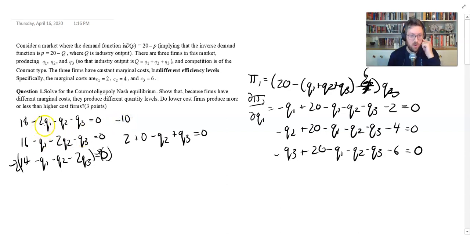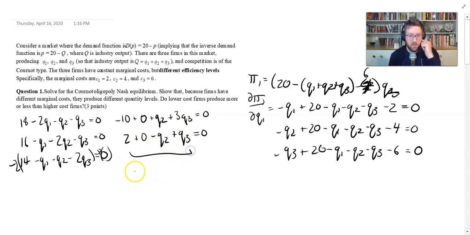Negative 2 Q1 plus 2 Q1 is 0. So we've eliminated the Q1 terms. Negative Q2 plus 2 Q2 is plus Q2. And negative Q3 plus 4 Q3 is plus 3 Q3. Okay? So these aren't as hard to solve.